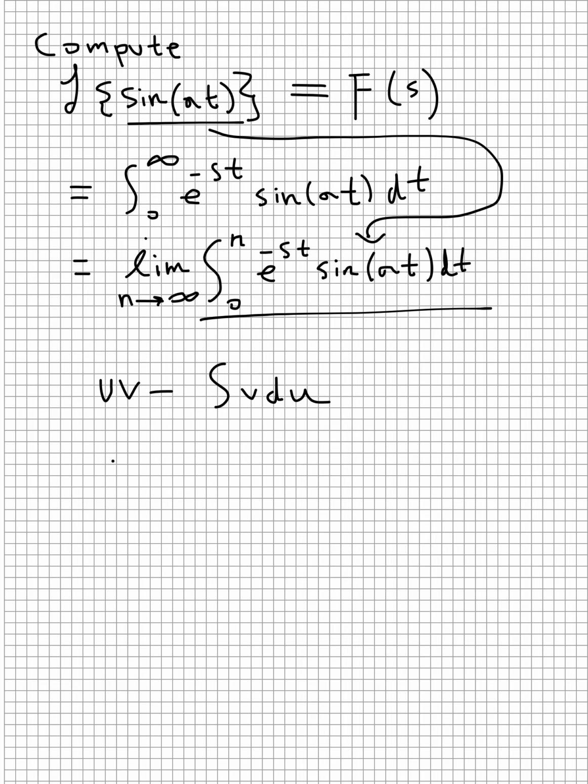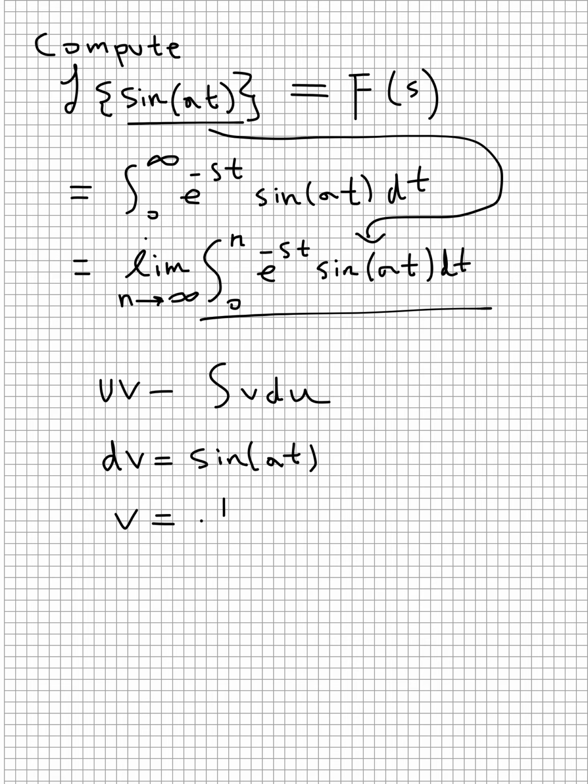So if I was to let dv be equal to the sine of at, what does this equal? Right? And that's the question we're about to answer here.